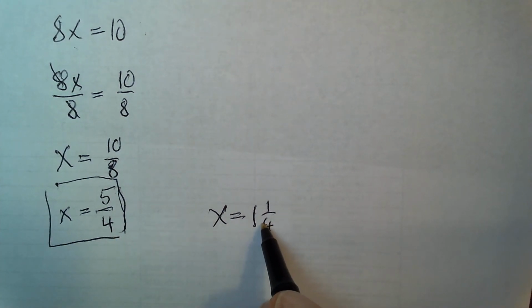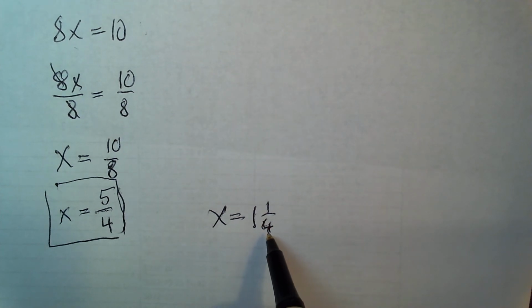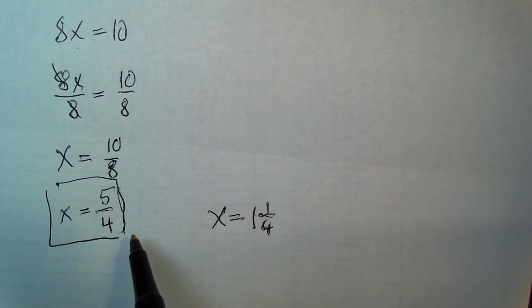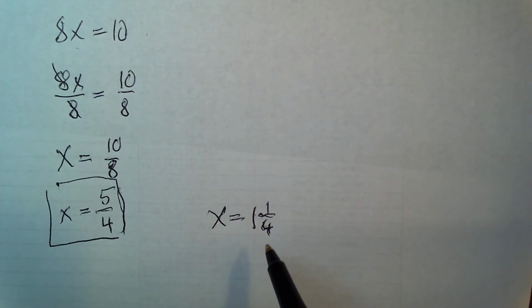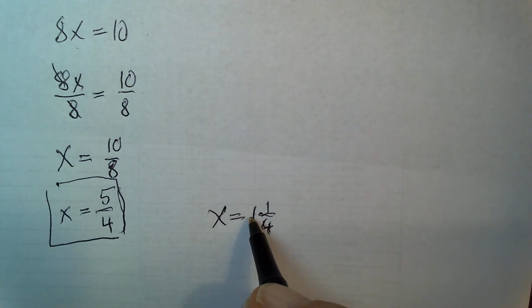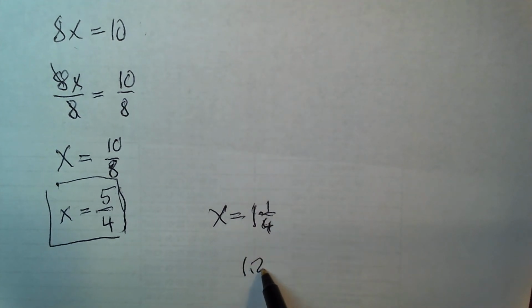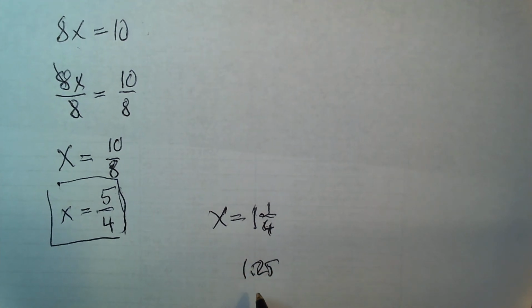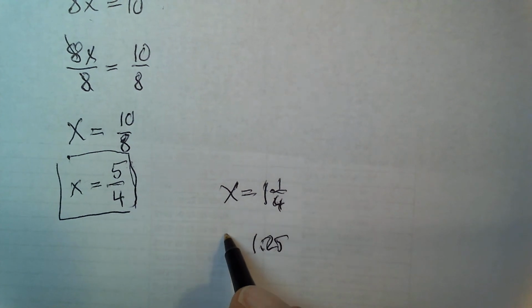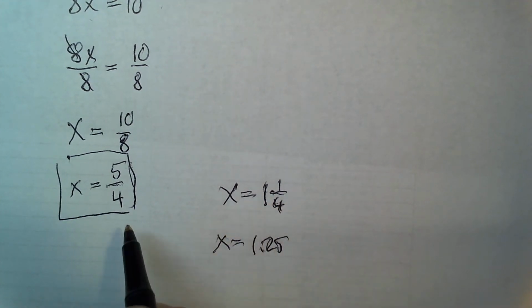But if it's an application, we typically change it to a mixed number. Let's say x was the number of hours, so nobody thinks in terms of 5/4 hours, but we would think in terms of 1 1/4 hour, or maybe 1.25, which would be equivalent to that. So again, it depends a little bit on the context in which we are solving an equation, in which form we leave it.